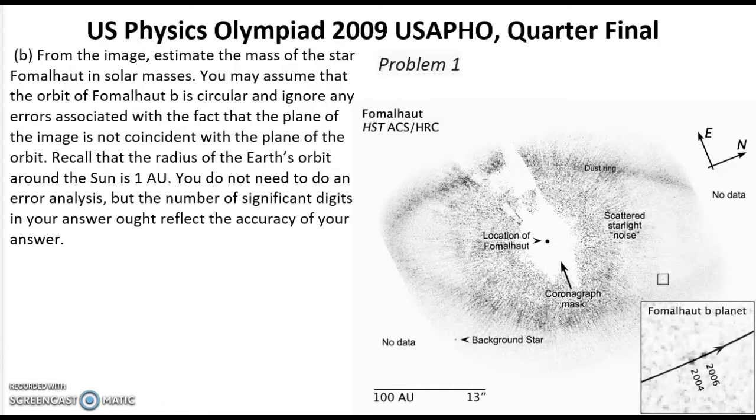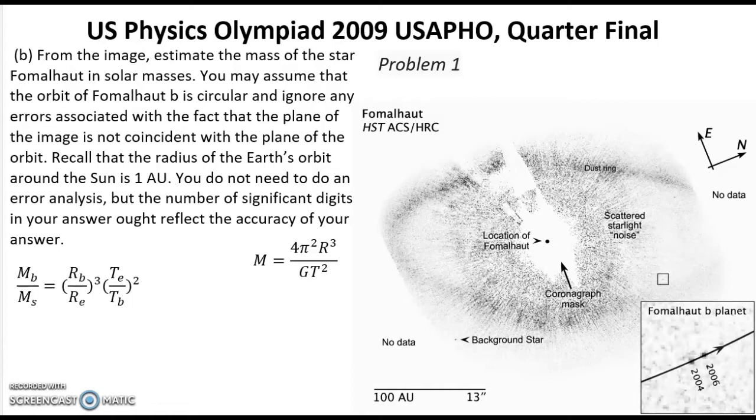Recall that the radius of the Earth's orbit around the Sun is 1 astronomical unit. You don't need to do an error analysis, but the number of significant digits in your answer should reflect the accuracy of your answer.